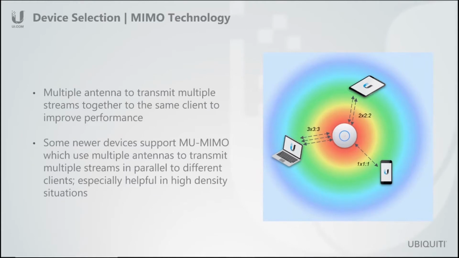So MIMO technology is one of the technologies which has been implemented by IEEE standards. This is basically having multiple antennas on one particular access point. These antennas are then used for different streams to provide connectivity or transfer traffic to different clients which are supporting these streams.